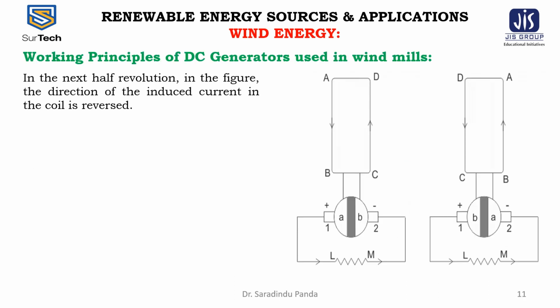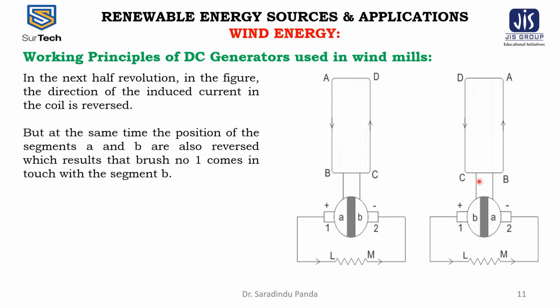Now, in the next half revolution in the figure, the direction of the induced current in the coil is reversed: D, C, L, M, B, A. But at the same time, the positions of the segments A and B are also reversed.